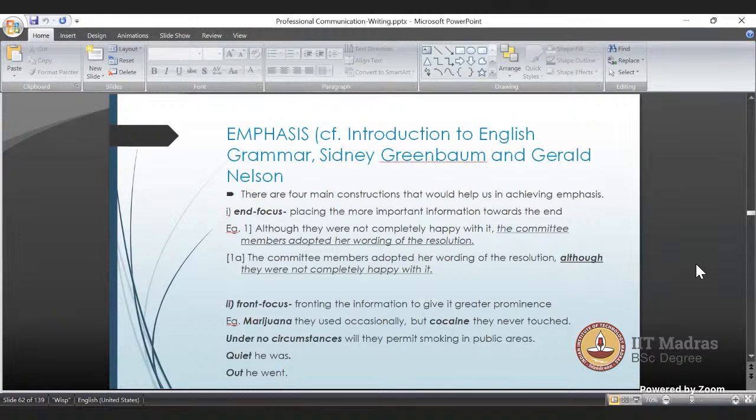The first one we'll be discussing is emphasis. How do you order a sentence? How do you structure a sentence from within in order to have better emphasis? How do you make something emphatic, right? If you remember from the last class, when you want to achieve emphasis, where do you place it?